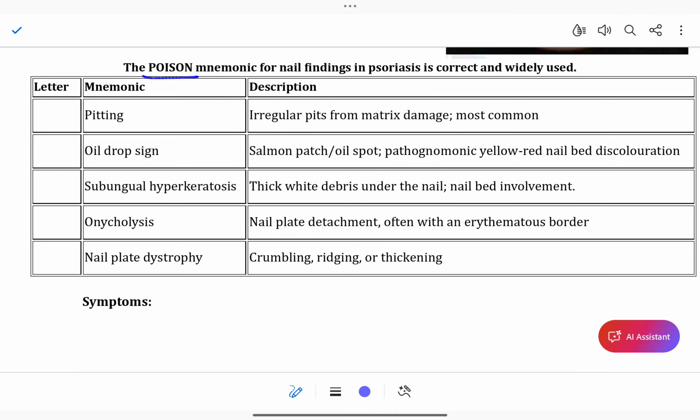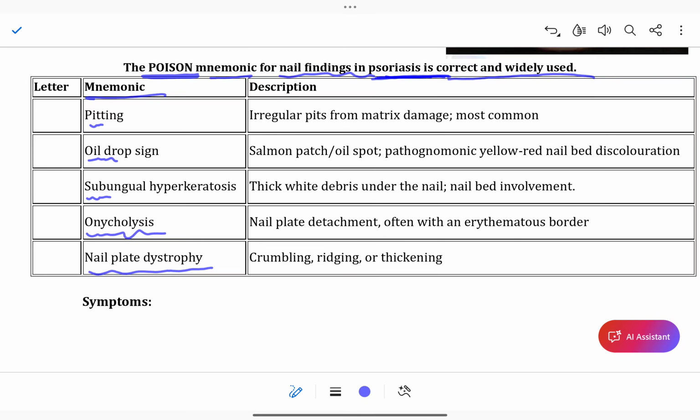Now this is a mnemonic, not any word, a mnemonic for nail findings in psoriasis, widely used. The mnemonic is PO-I-S-O-N: pitting, oil drop sign, subungual hyperkeratosis, onycholysis, and nail plate dystrophy.